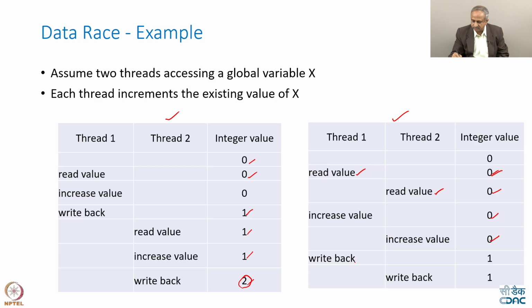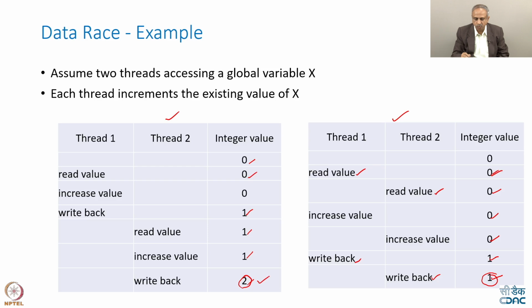Now, thread 1 writes it back, and because it has read 0, it is going to write 1. Now, thread 2 writes it back, and having read 0, it is again going to write 1. That means the value written by thread 1 gets overwritten with the same value written by thread 2. So, here the result is 1, which is incorrect.